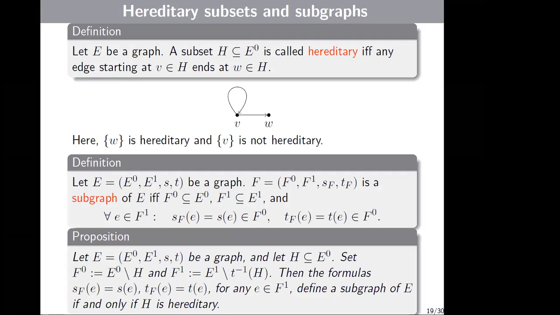And unlike with the hereditary property, which can be explained purely in terms of graphs, you see, this is what this proposition is all about. Hereditary property is simply designed in such a way that a set of vertices that we remove to obtain the subgraph must be hereditary, or otherwise it will not be a subgraph, okay?